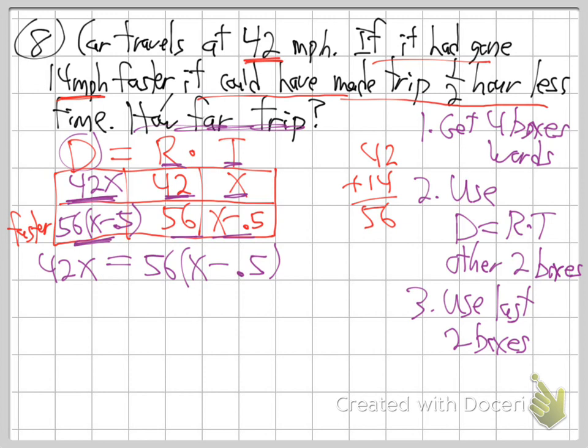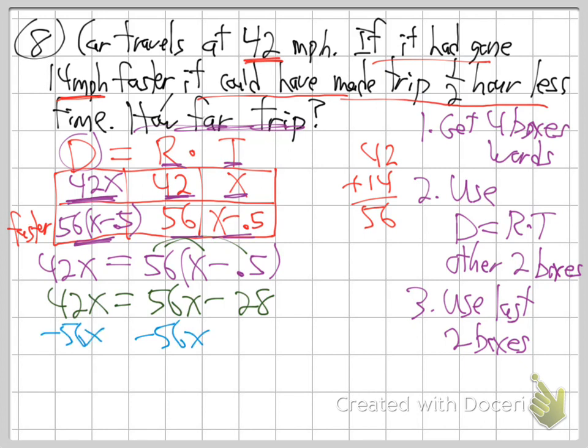The distances are the same, aren't they? We're just doing it faster or slower. So the 2 distances must be equal. Solve that thing for x, distribute on through. 56x minus, isn't that 28? 42x. X is saying I want to be alone.